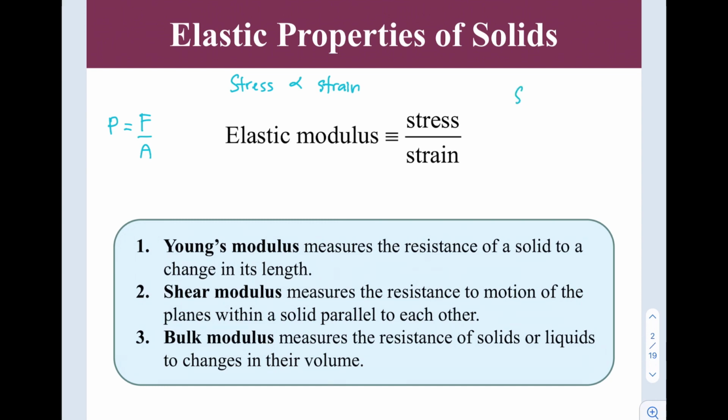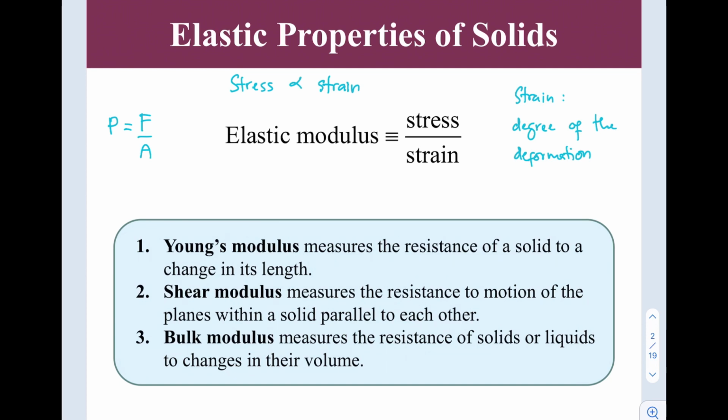The F must be perpendicular to the A. This is a common definition of stress. What is strain? Strain is actually the degree of deformation produced due to the stress applied.